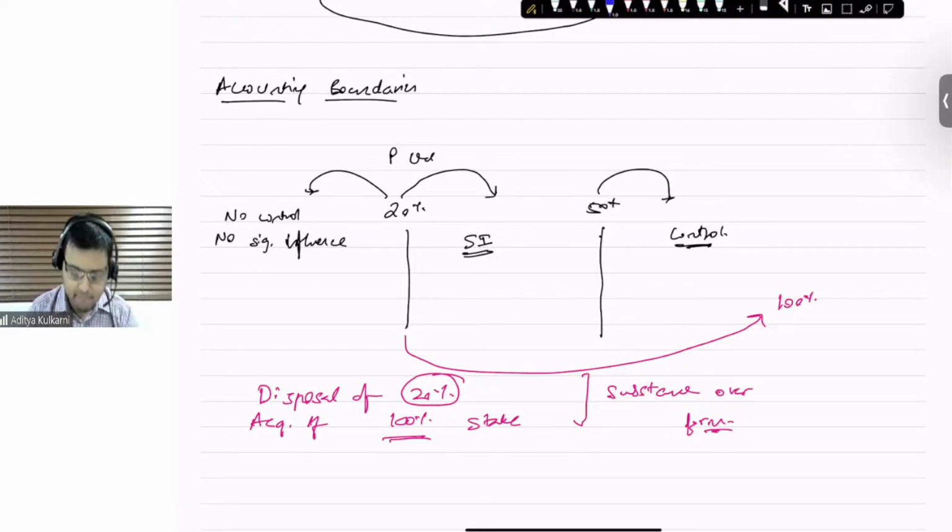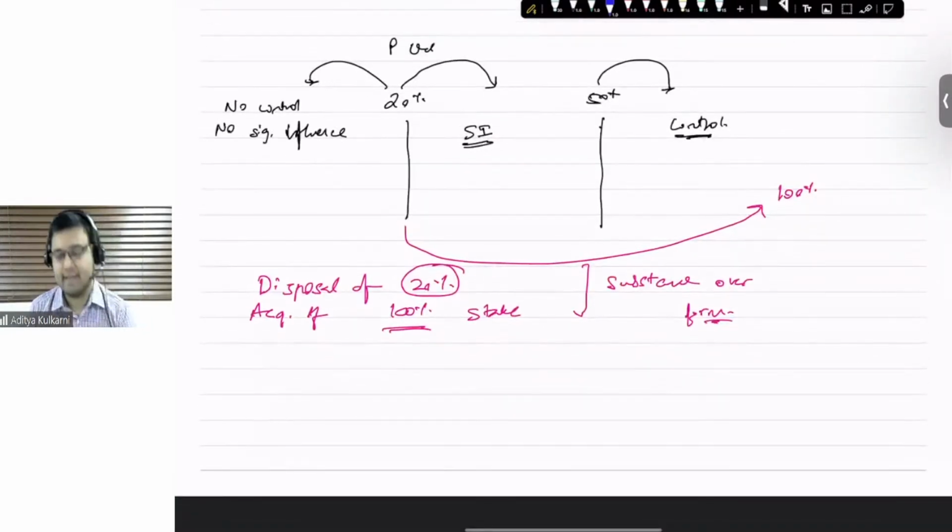So now coming back to what we had done in the last session. Last session we had ended with the discussion on an existing stake already being present, and thereafter the control is obtained.